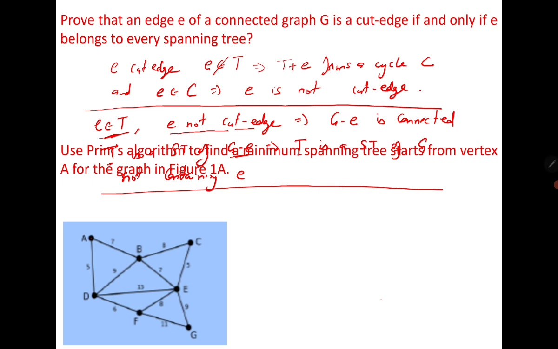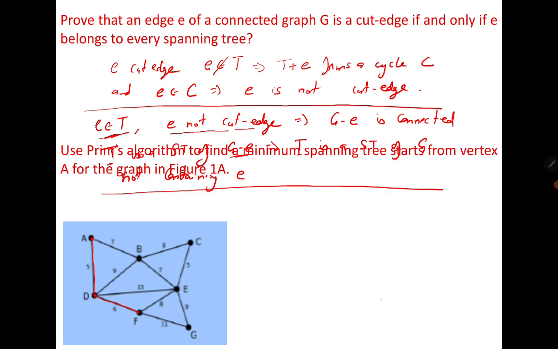So starting from A, the minimum weight is 5. I reach D. Now either I can go from A to B, or D to B, or D to E, or D to F. But the minimum is 6, so I prefer to go from D to F.